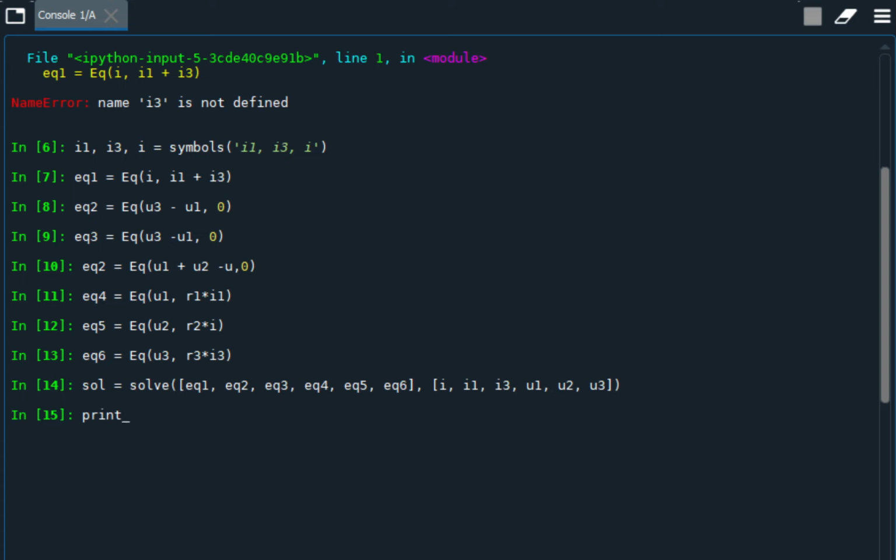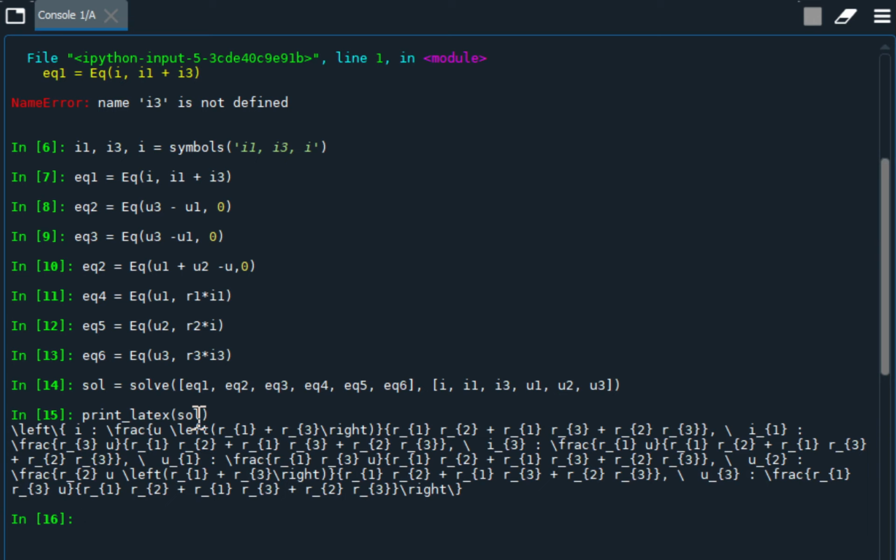I usually print it in LaTeX format. I just need to take a look at how it's done. I think it's like that one. Yes. Solve. Okay. So that's the solution.